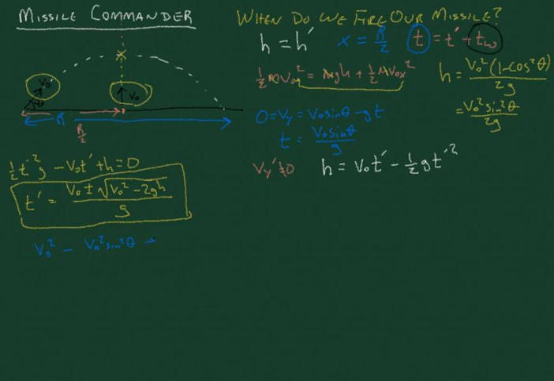And so this just becomes v0 squared cos squared theta. So in other words, t prime is equal to v0 plus or minus v0 cosine theta all over g.